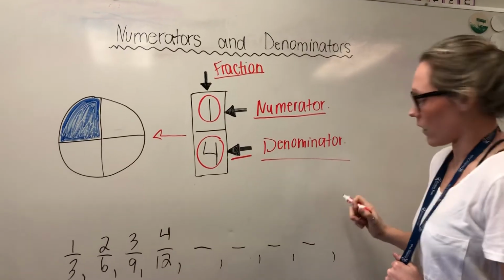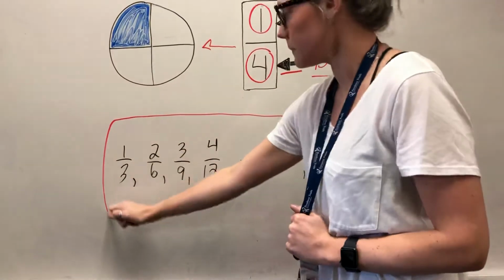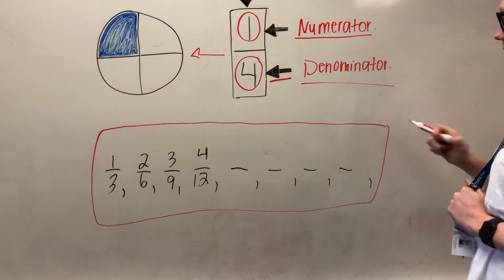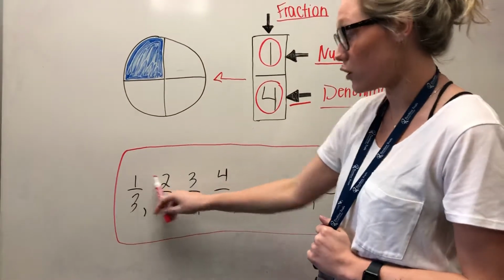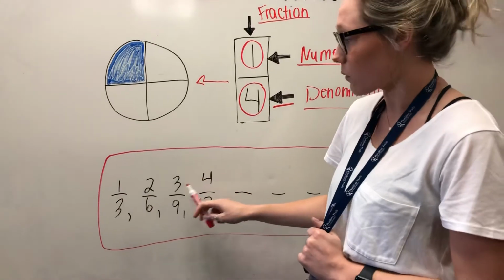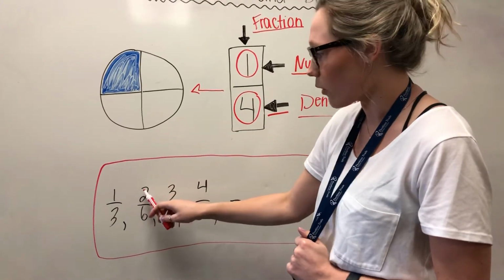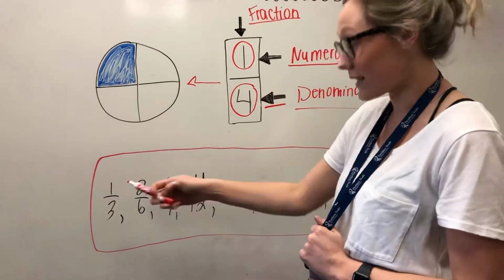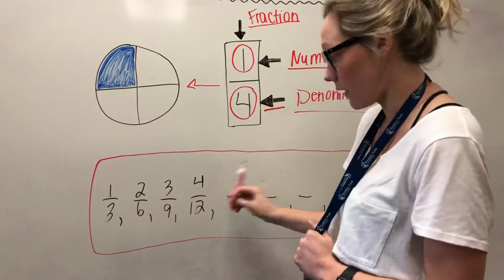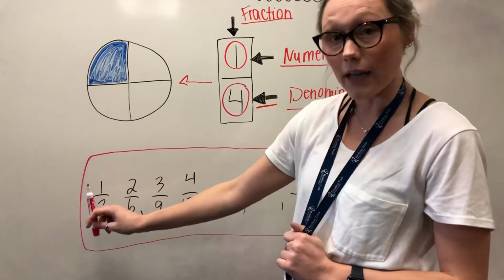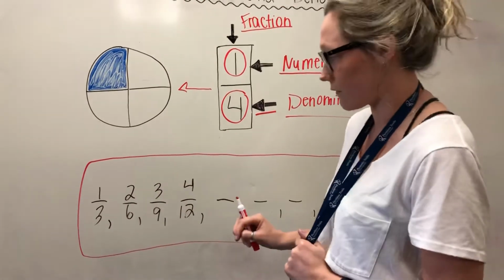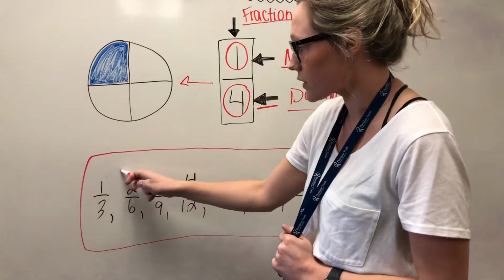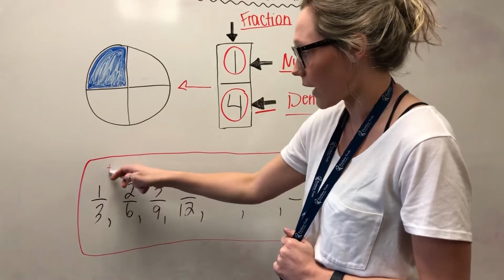Now the bottom is a little bit trickier because it's asking you to follow the pattern. If we're looking at the numerator first, we're going to look and see how this grows. It is a growing pattern because it's growing, right? It's not shrinking and it's not repeating. We recognize that first. So how do we get from 1 to 2? Well, I add 1.